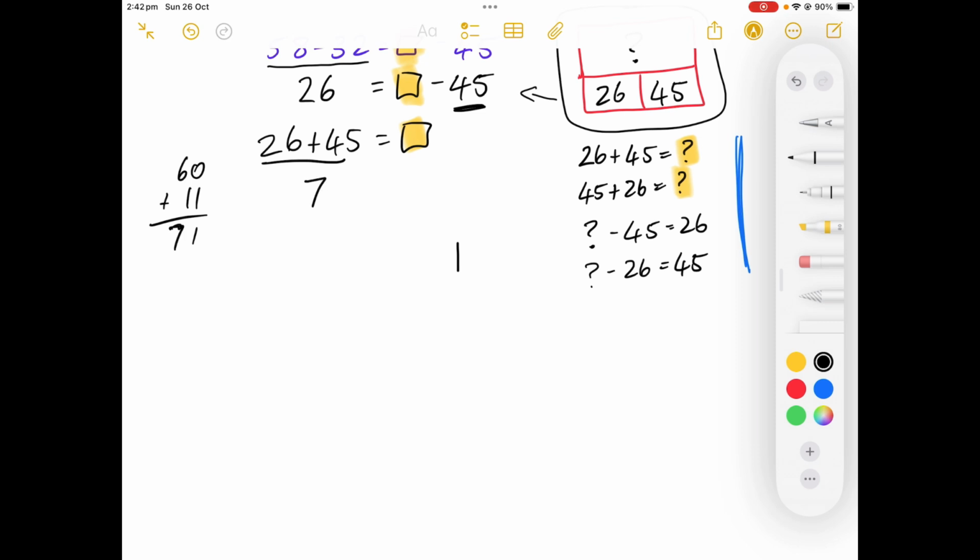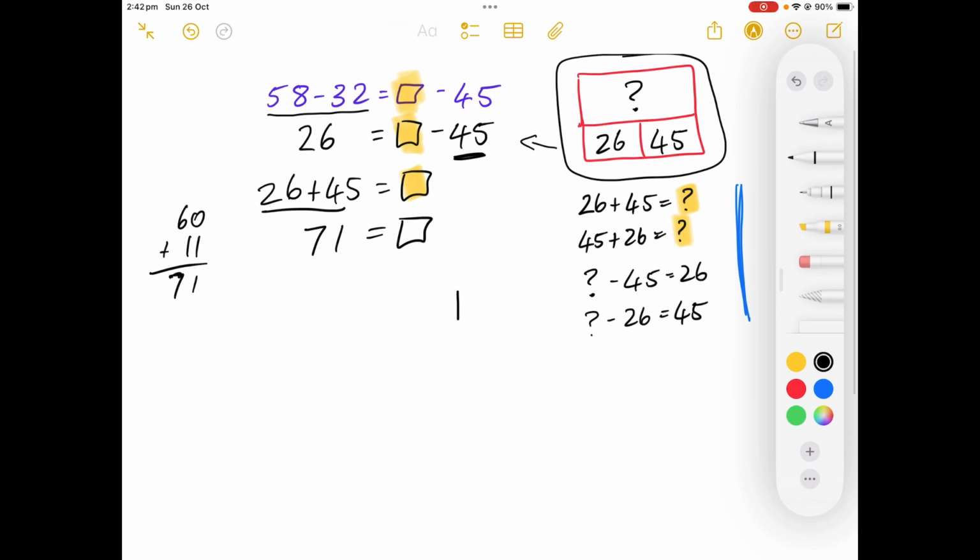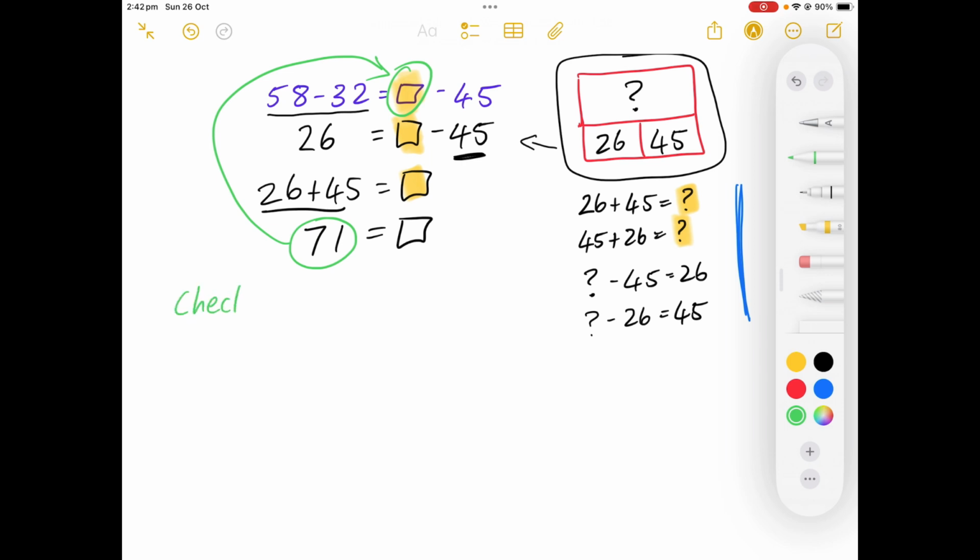So we're saying 71 equals, I don't know. Now it's time for us to do our little check and see if we are correct. Is 71 going to fit in there to be equal so that our balance scale is not crooked?